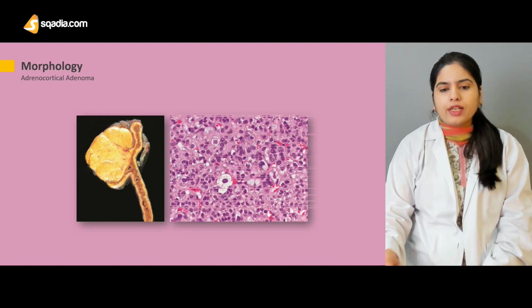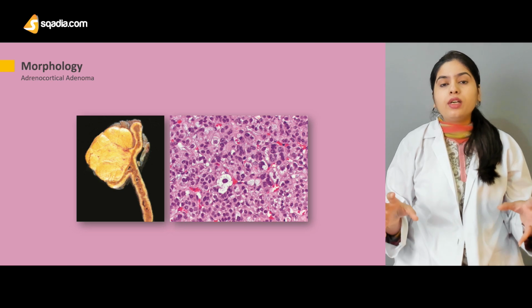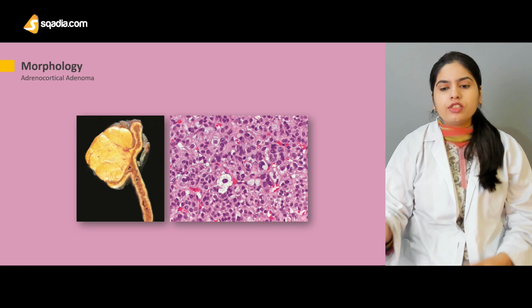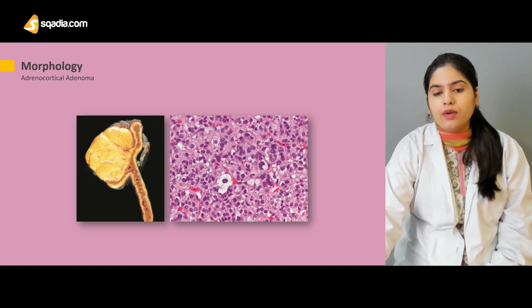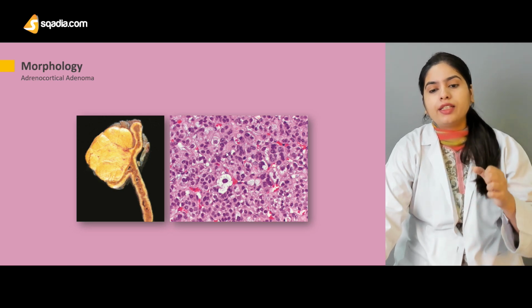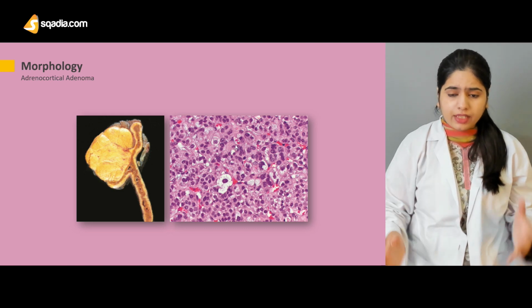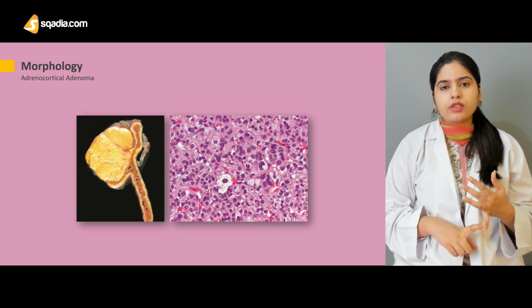In the microscopic features of adenoma, there are no prominent findings, except the vacuole formation within the cells, which can be seen only in adrenocortical adenoma. And the rest, you will appreciate hyperplasia in all types of hypercortisolism.